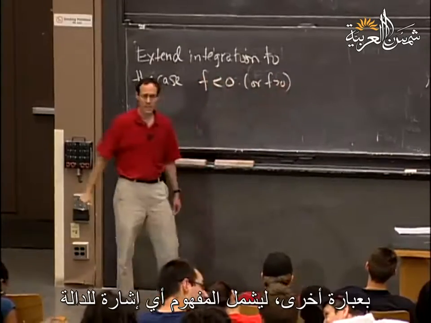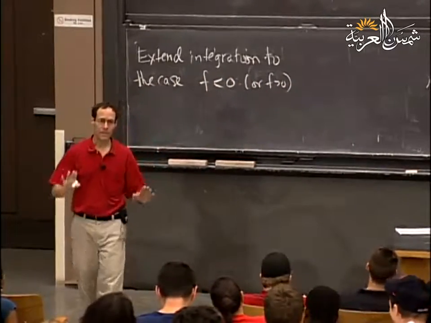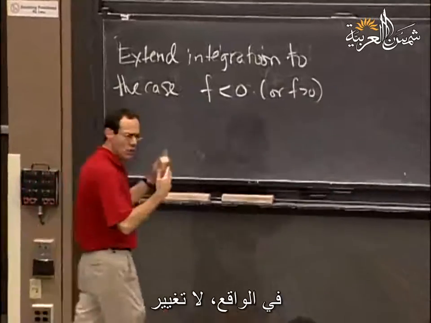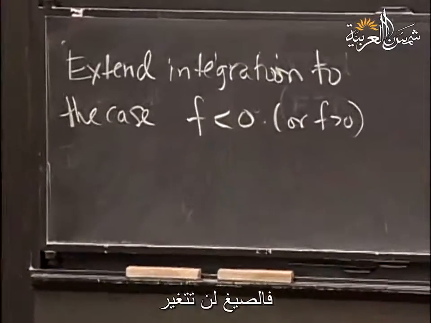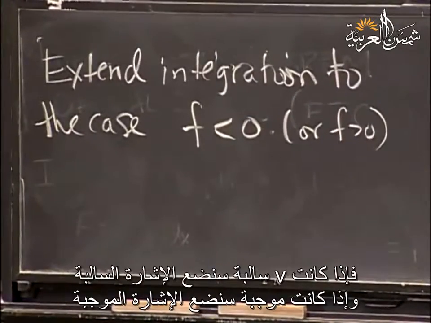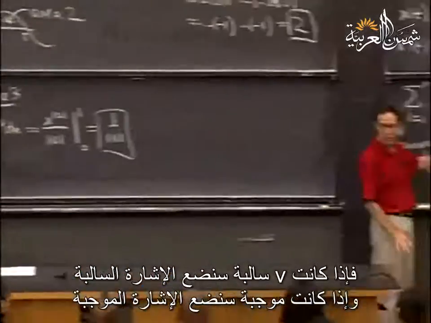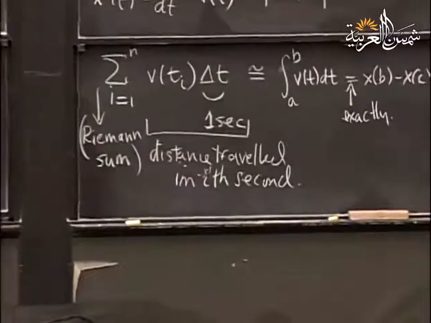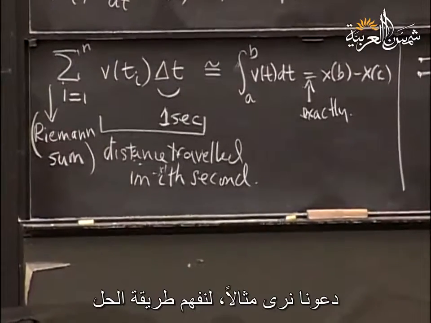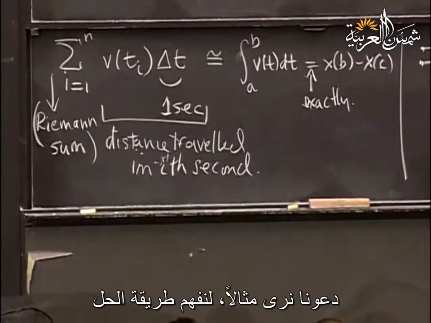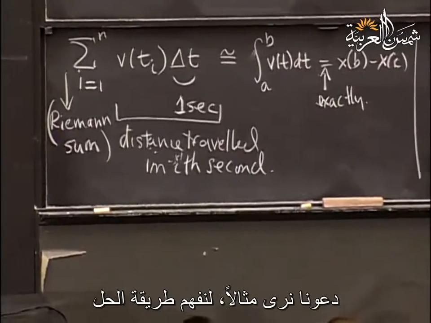In other words, it could be any sign. Actually, there's no change. The formulas are all the same. We just, if this v is going to be positive, we write in a positive number. If it's going to be negative, we write in a negative number, and we just leave it alone. And here, let me carry out an example and show you how it works.